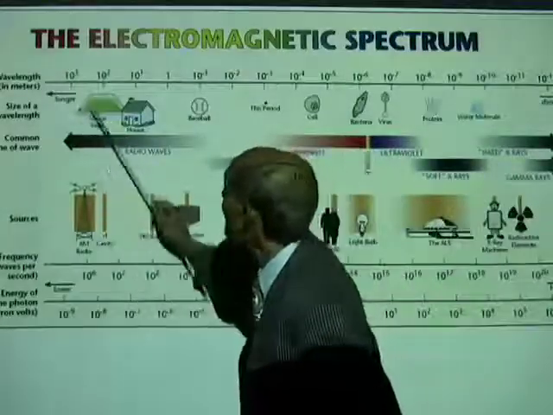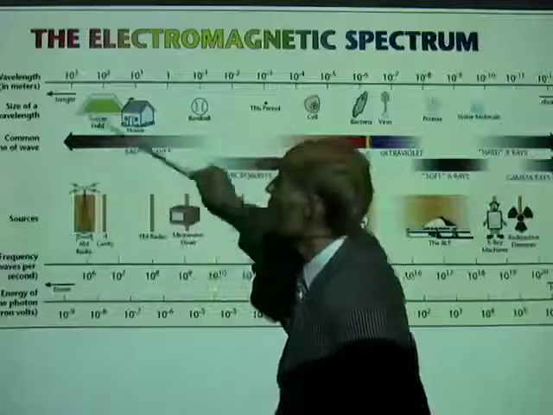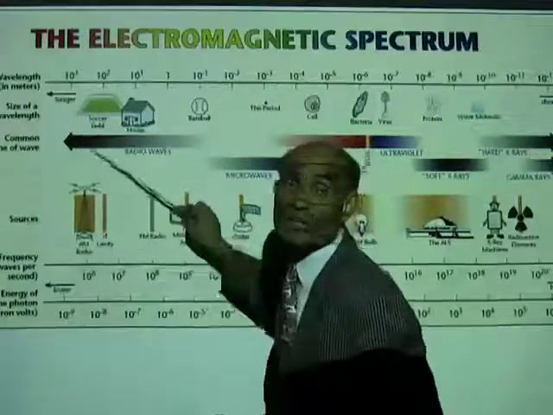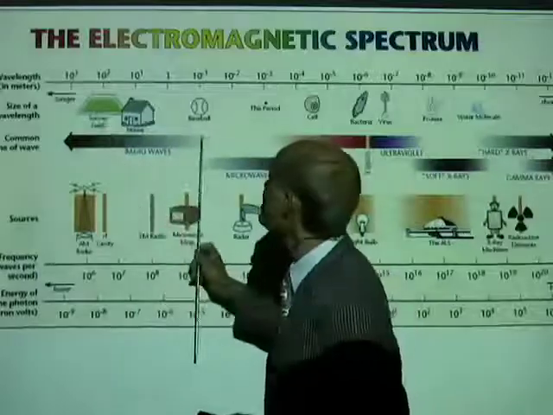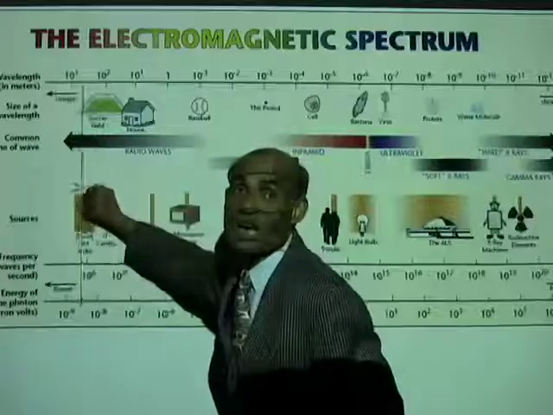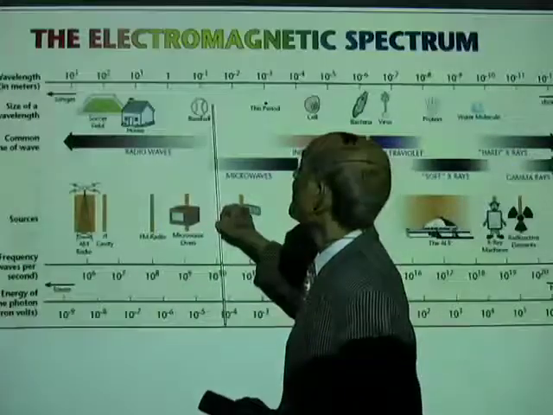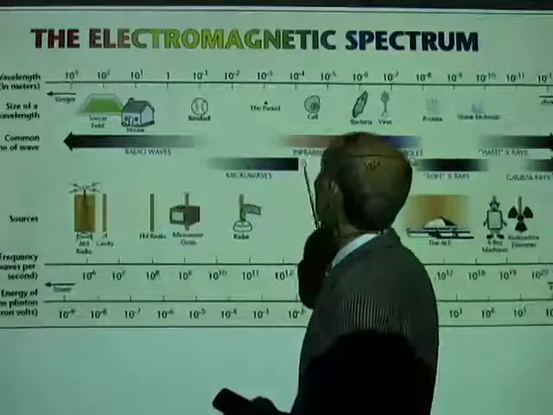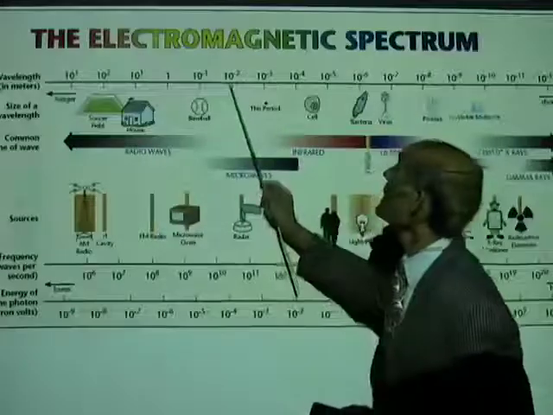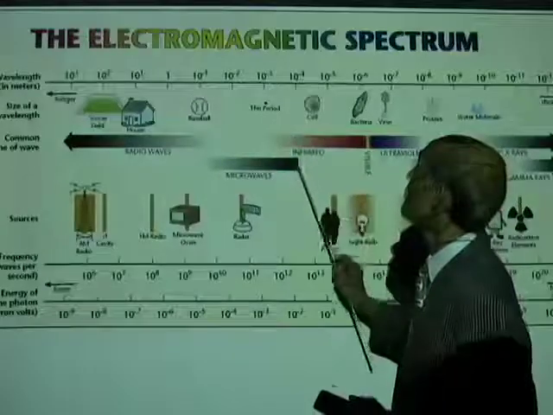Now you can see here, what are the types of waves here? Radio waves, very long waves. Radio waves can be kilometers long. And you can see all these waves are classified as radio waves, almost up to here. And now come the microwaves. Wavelength about 10 to the negative 2 to about 10 to the negative 4.